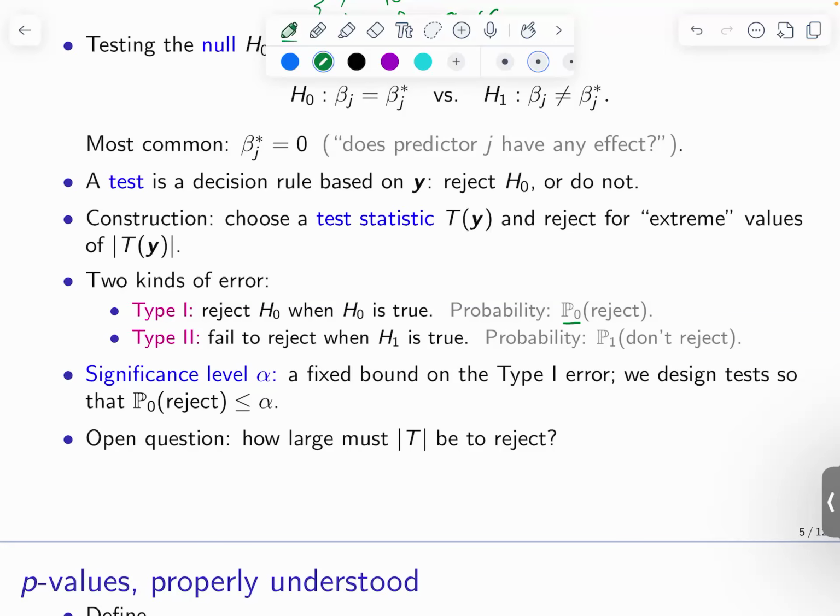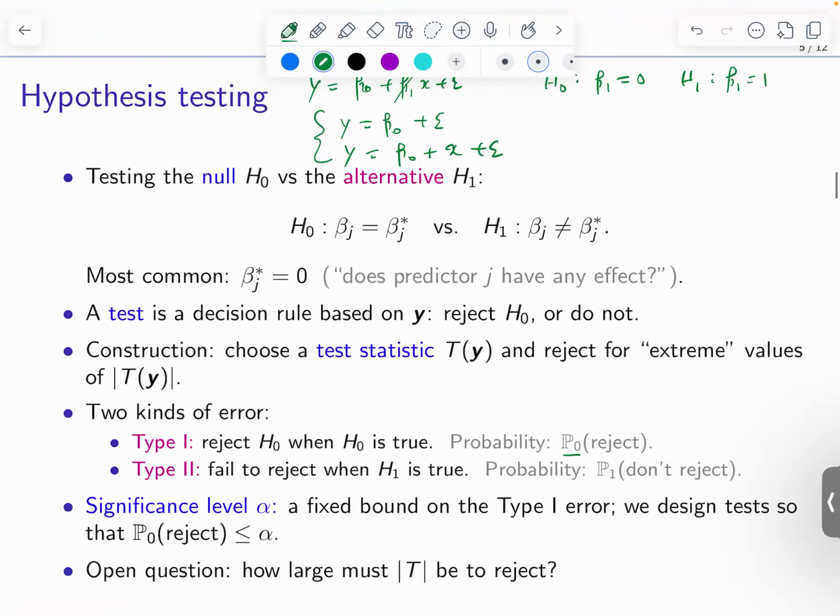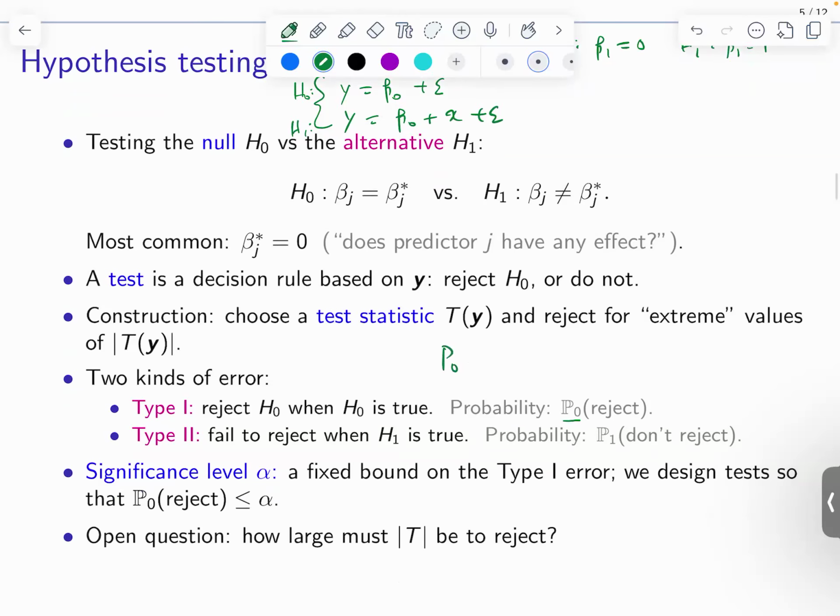So when I say pi 0, it means the probability model under the H0 assumption, and pi 1 is under the H1 assumption. And rejection here would be just the probability that the decision rule is 1. So rejecting the null means I decide for 1, and this is what we call the type 1 error. So under the null, you don't want to reject the null. So this would be an error, and the probability that that happens would be called type 1. This is one of the bad cases that could happen.